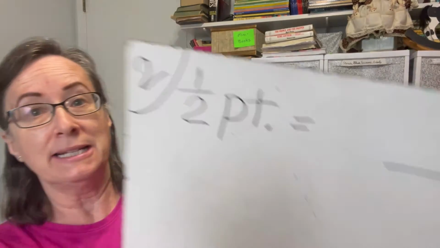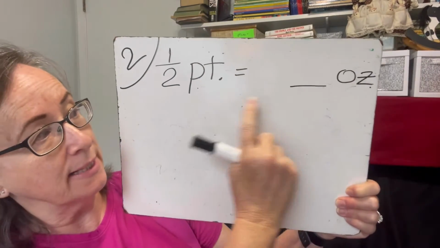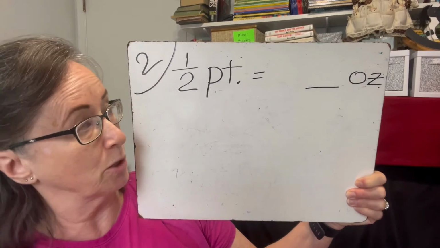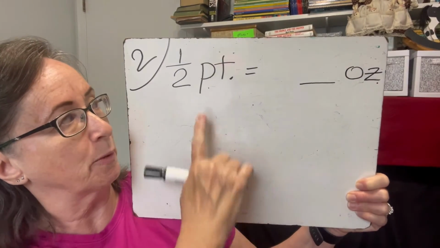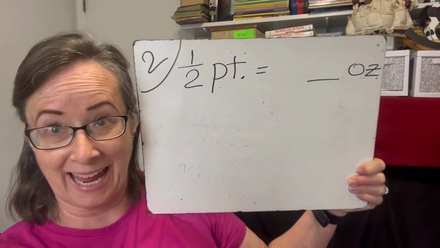Okay, so we're going to look in our book problems, and we're going to read number 2. A recipe calls for a half pint of cream. How many ounces of cream are required? So 1/2 pint of cream is how many ounces? That's what we're trying to do. So we're going to have to go to our book and look up the relationship between pints and ounces.